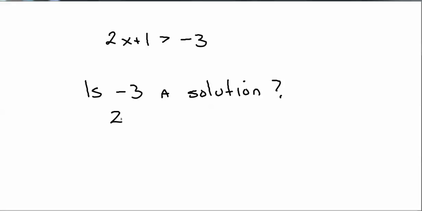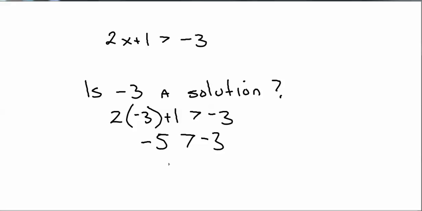So you do 2 times negative 3 plus 1, and you see if it's greater than negative 3. What's 2 times negative 3? Negative 6 plus 1. Negative 5. Is that greater than negative 3? No. Okay, so negative 3 is not a solution. Okay? Everybody all right there? Good.